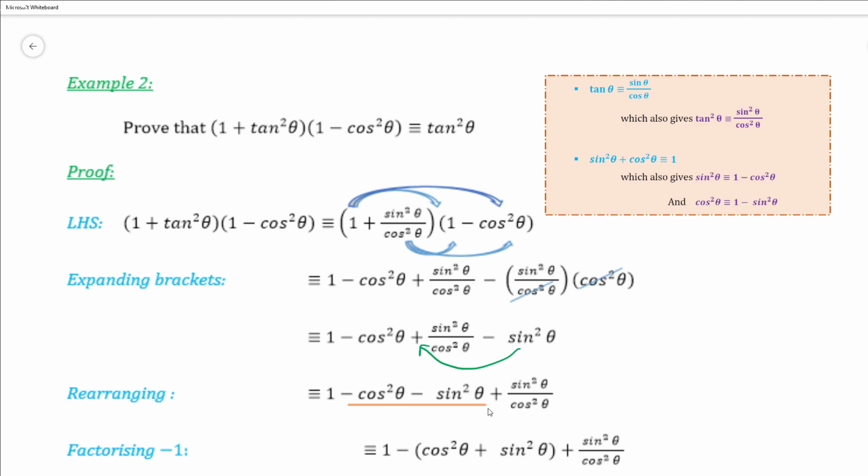The reason why I'm factorizing is because I want to be able to use the fundamental identities that we have. So looking back at these identities here, the second one, I have sin² θ plus cos² θ is identical to 1. So I want to somehow be able to incorporate that into our proof.